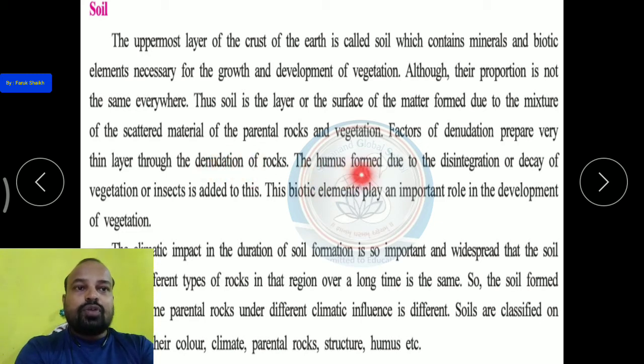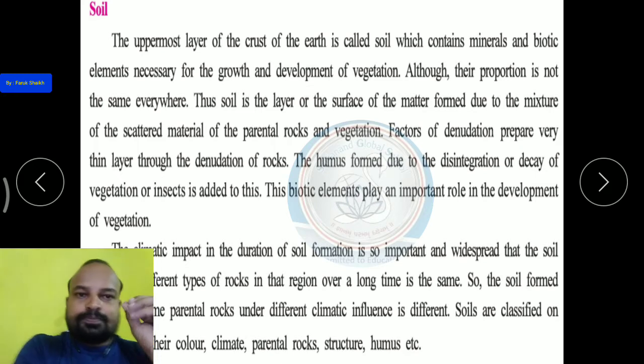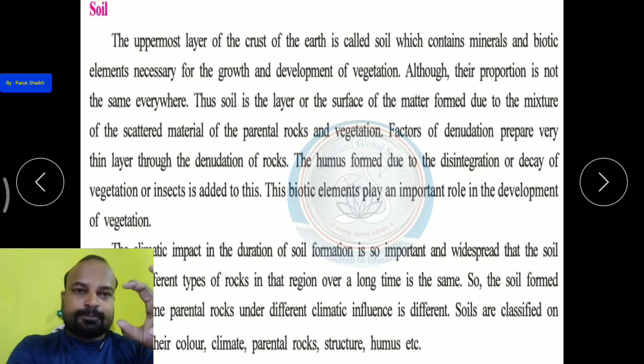The humus formed due to the decay of vegetation or insects is added to this. Okay, it is also very important for the fertility of the soil. Humus is formed with the disintegration or decay of vegetation, that is plants, trees, flowers, fruits or insects, when they decay. After that it makes the humus, which is also a very important mineral.